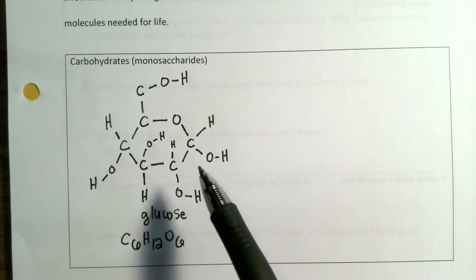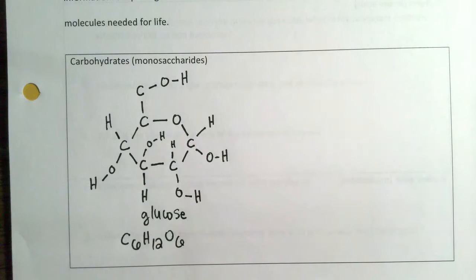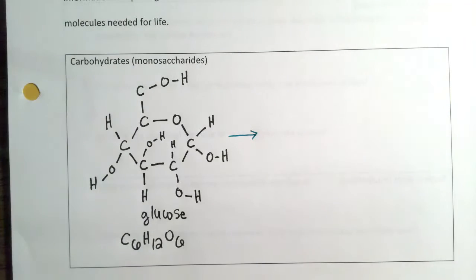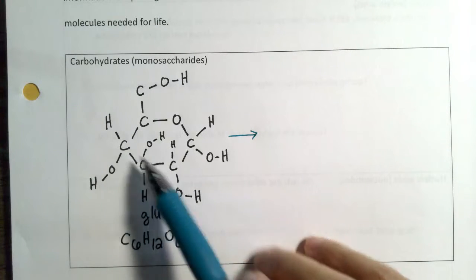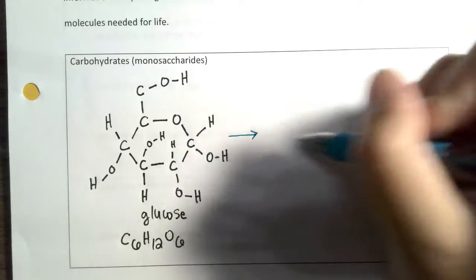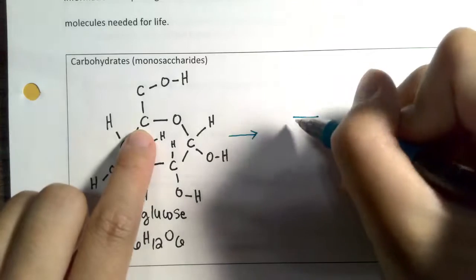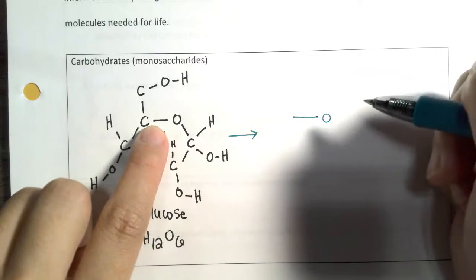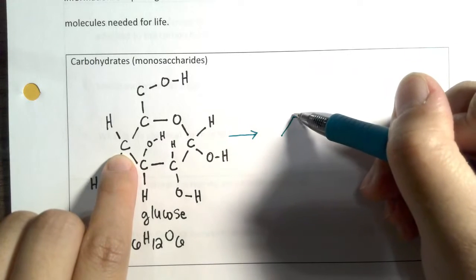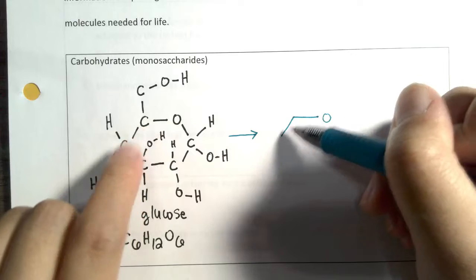Chemists don't usually write the structure like this. It's in a simplified form, which would look like this. So instead of always writing the carbon, it is understood that anytime there is a connecting point where carbon should be, it's just going to be a line.